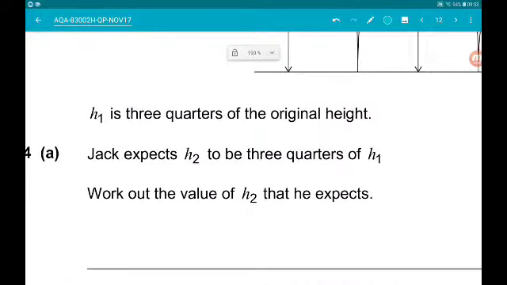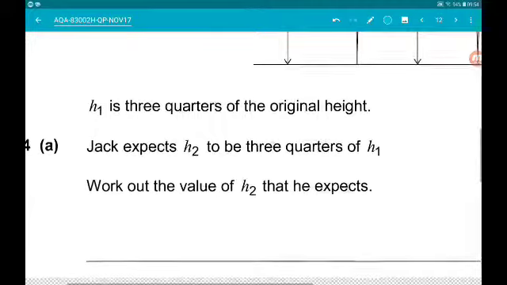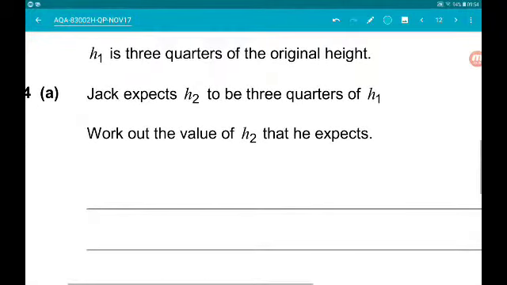H1 is 3/4 of the original height. Jack expects H2 to be 3/4 of H1. Part a, for 2 marks, work out the value of H2 that he expects.